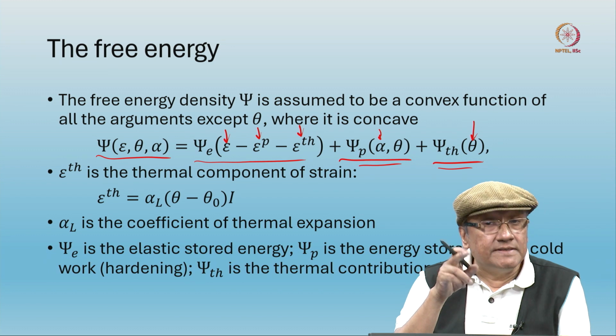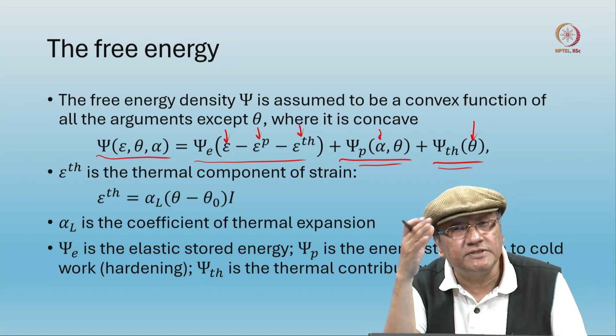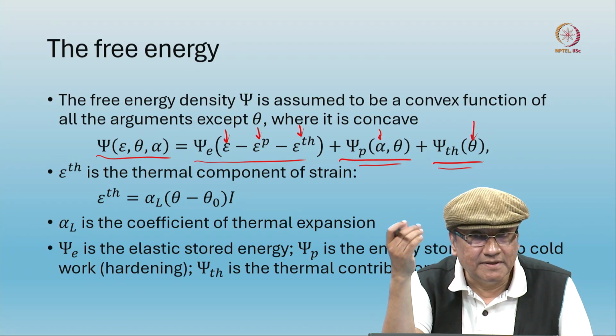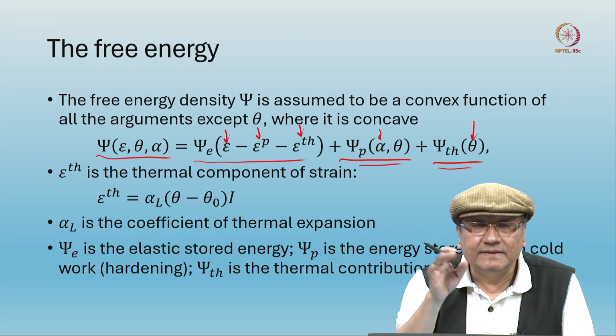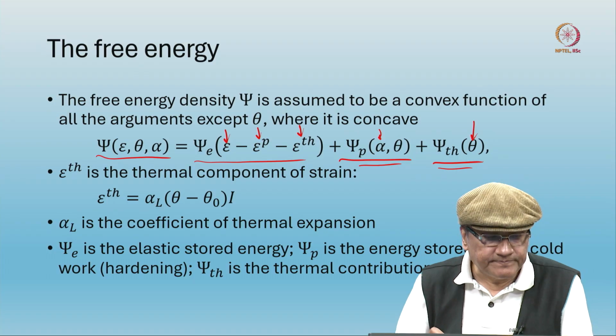Why? Temperature can actually cause microstructural changes on its own, right. This is because of thermal activation. So, it is quite understandable that there should be a part of psi which should be a function of theta, okay.